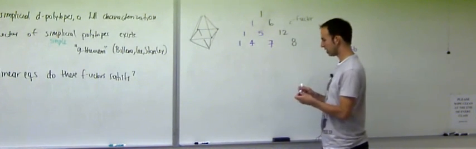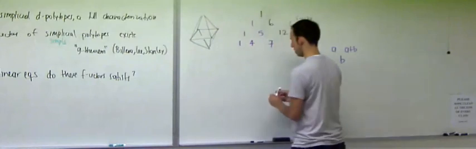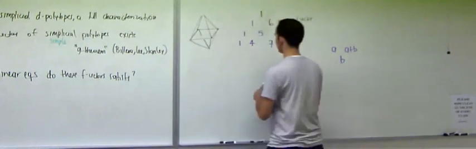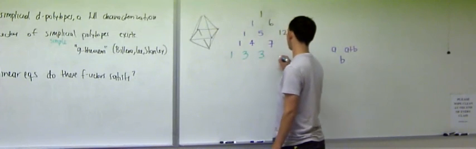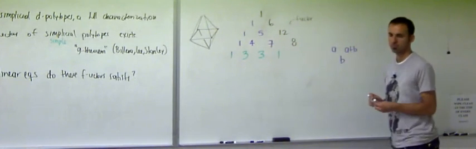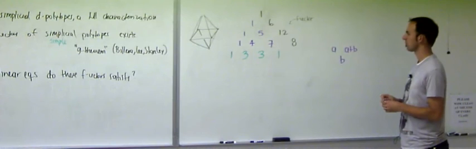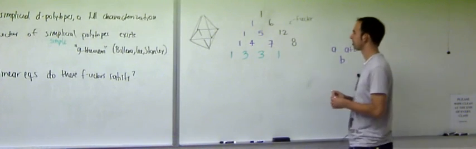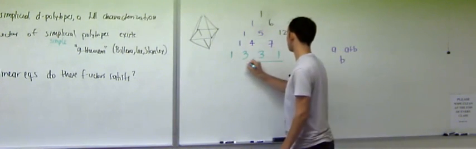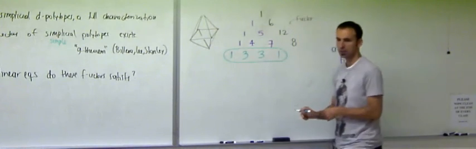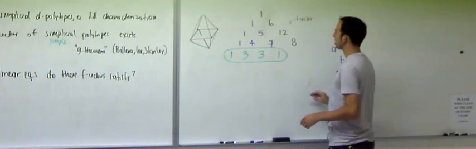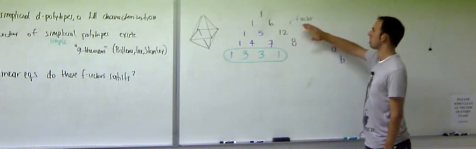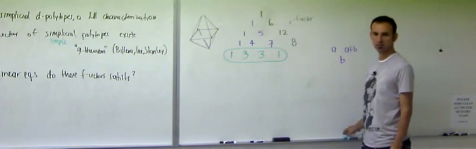And then finally, the bottom row is going to be 1, 3, 3, 1. And I stop there. So from the F vector, I get this thing, and this is called the H vector.